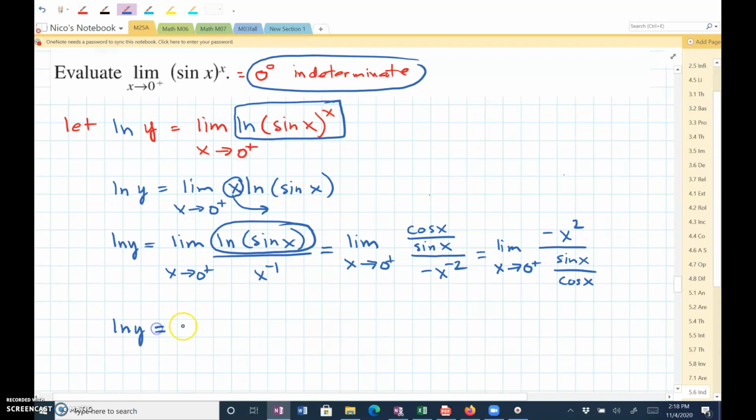And then the natural log of y equals the limit as x goes to 0 from the right, negative x squared all over tangent of x. So now I'm looking at these two functions.